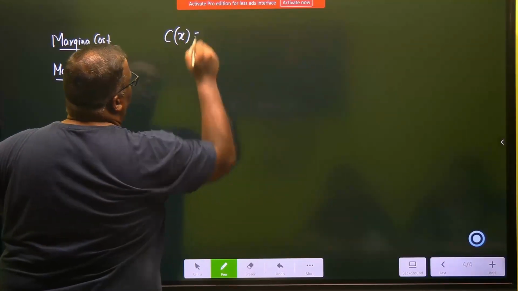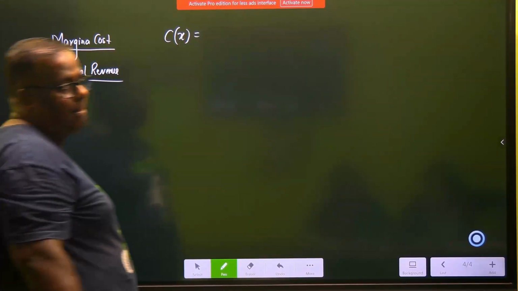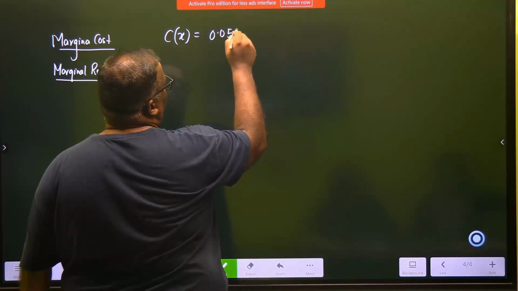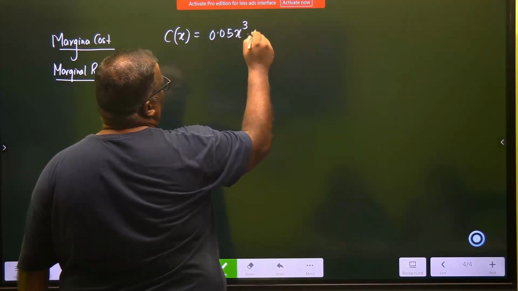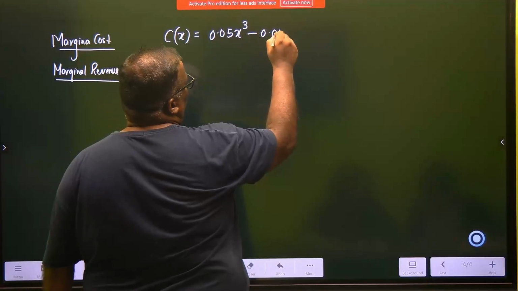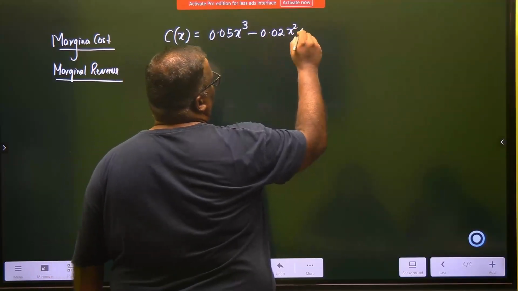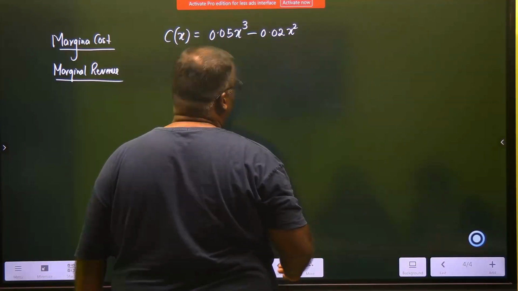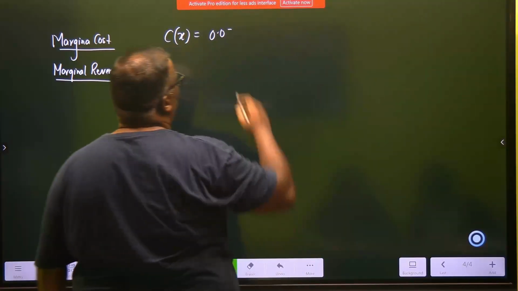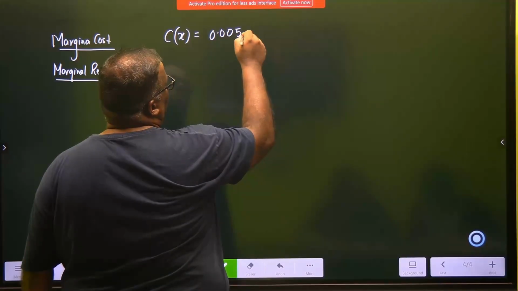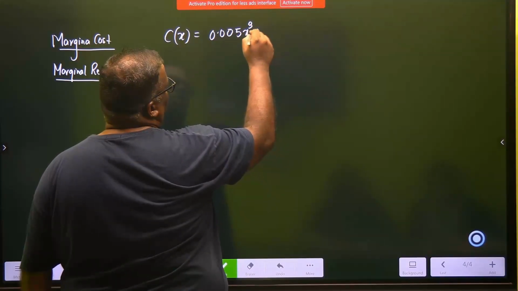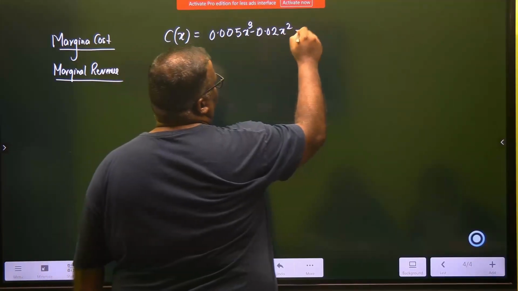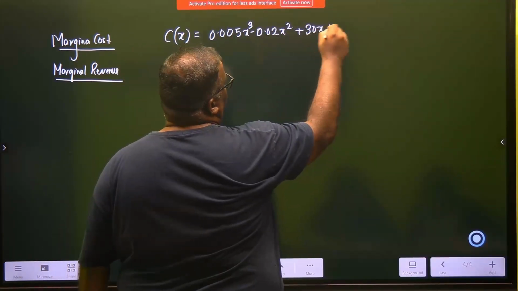Tell me, what is the cost function? It is 0.005x cube minus 0.02x square plus 30x plus 5,000.